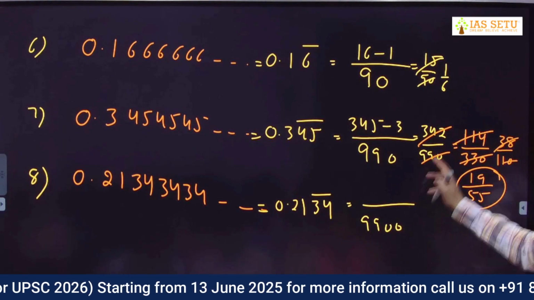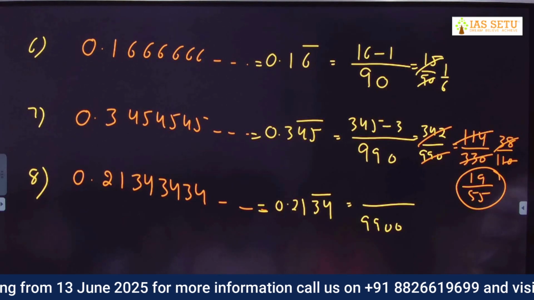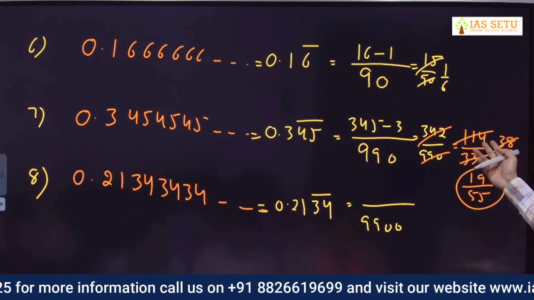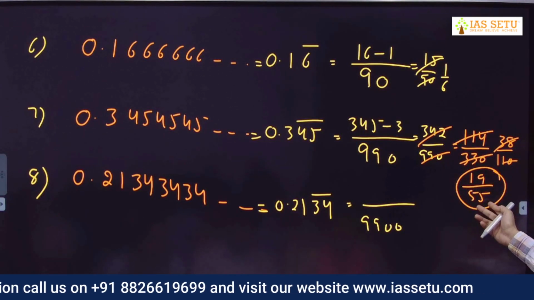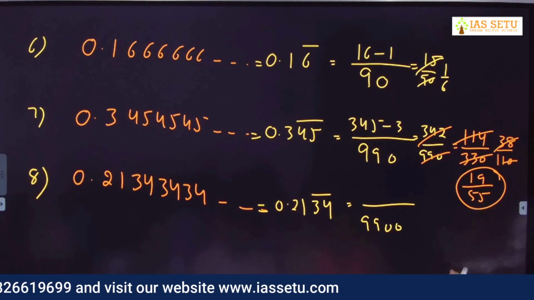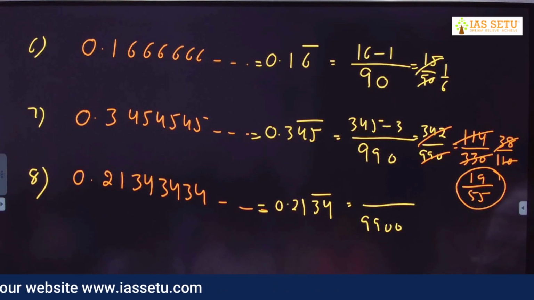If you got answer 342 upon 990, okay. But if you have simplified, you got 114 or any other value. या लास्ट तक अगर आप सिंप्लीफाई करते जाएंगे, you get 19 upon 50. You can try.